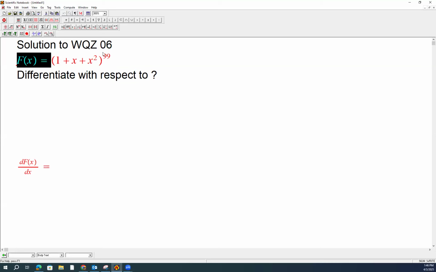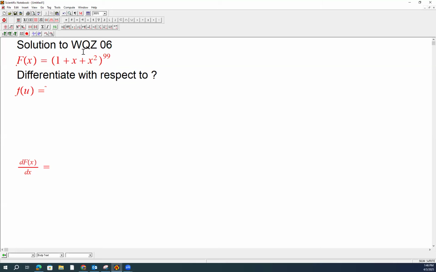We see capital F of x as a composition of two functions. One, we call it lowercase f of x, which, to avoid confusion, let me do u.